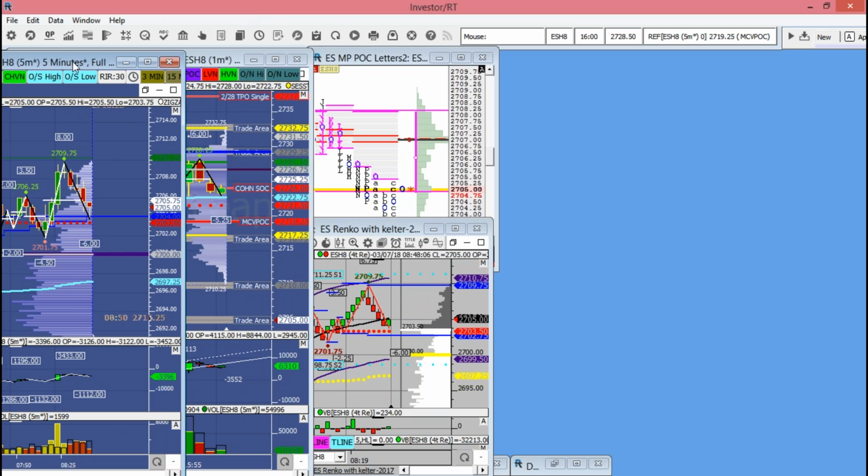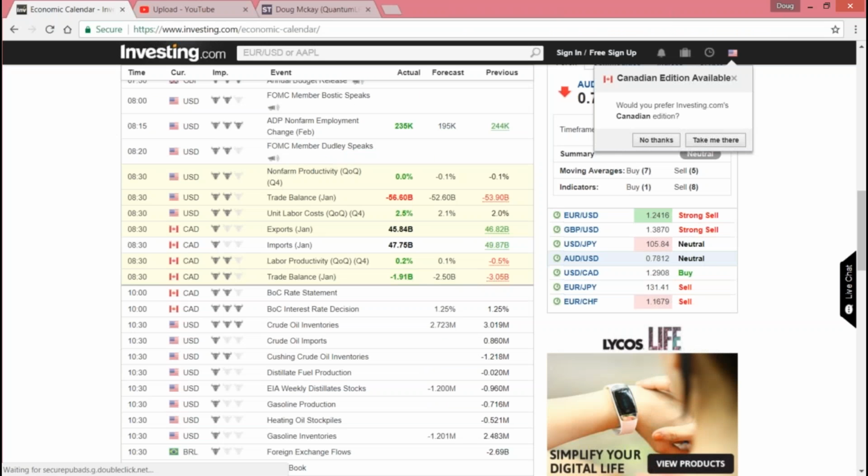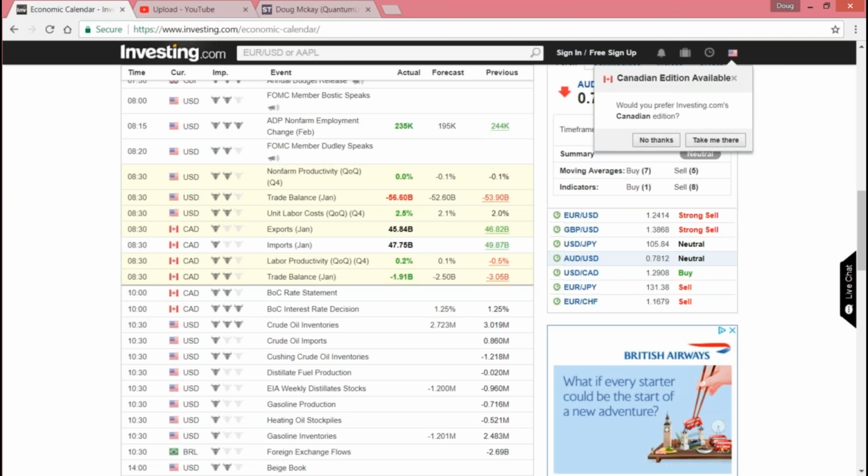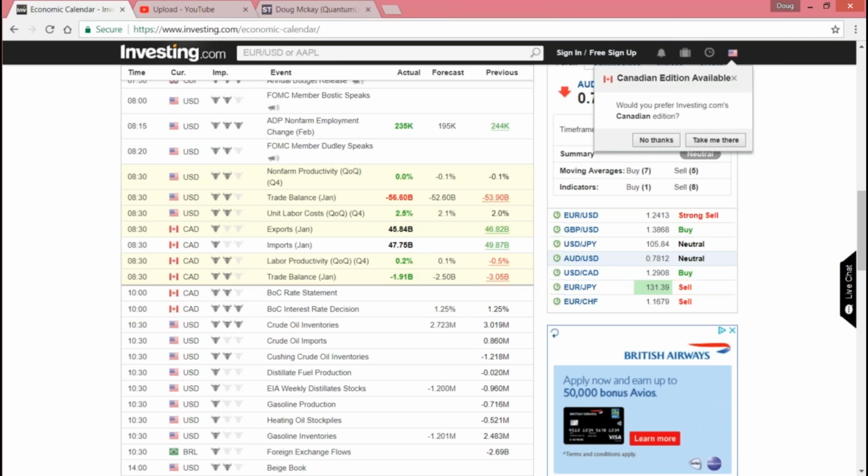Taking a look at the news today, of course, the overnight news was the news that Trump's advisor Cohen resigning. Market had a major gap down. I warned the room ahead of time that the Globex gap trade was not to be taken because of that type of news and about how big the gap was going to be.